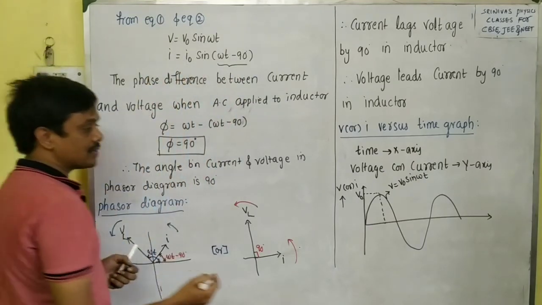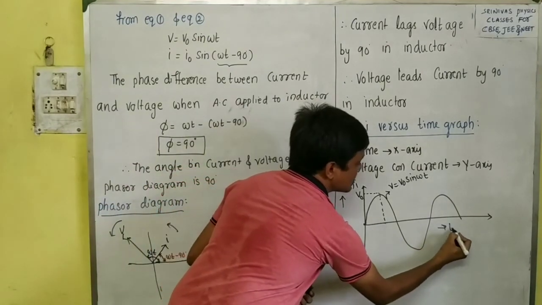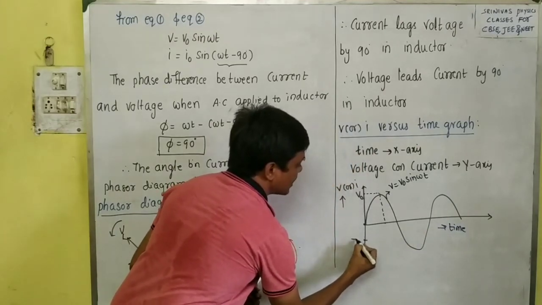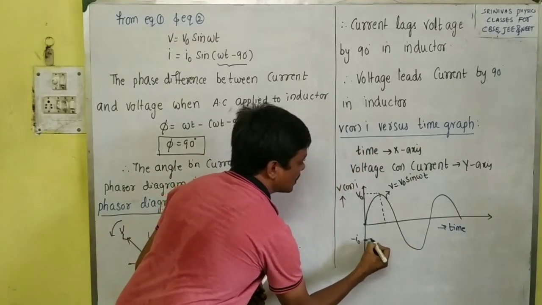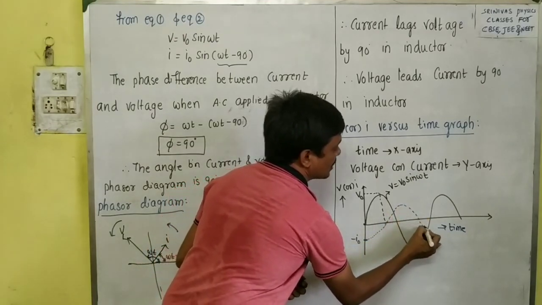That means when time is 0, we get the negative value, minus I naught. After that it will start to increase like this, and then it goes like this.